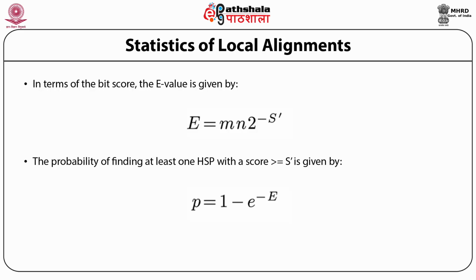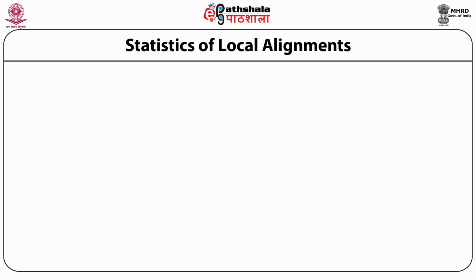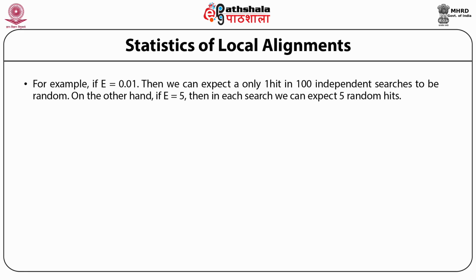And from that formula, the probability will be lower when the expectation value is also low. If the expectation value is 0.01, then we can expect roughly one true hit out of 100 randomly picked sequences. If it is 0.001, then you have to pick randomly 1000 times to get one hit. Definitely that should have good biological significance.